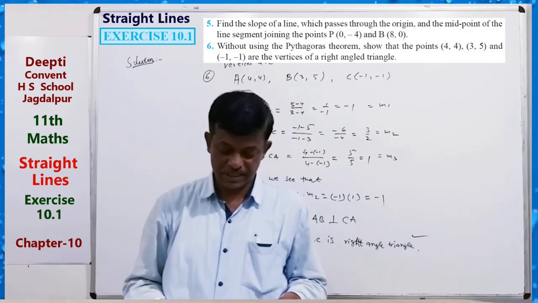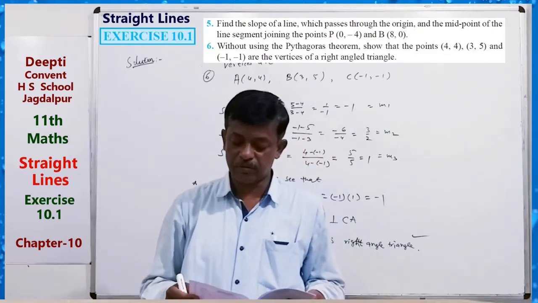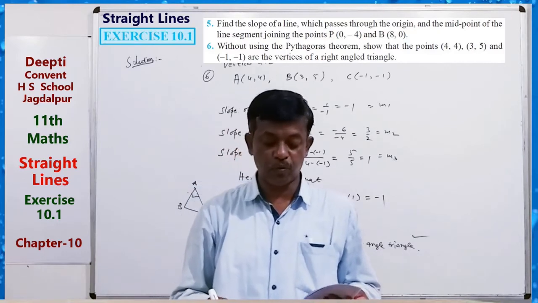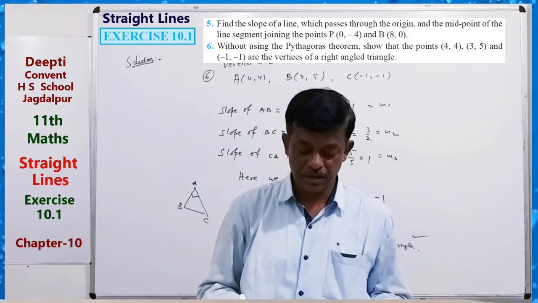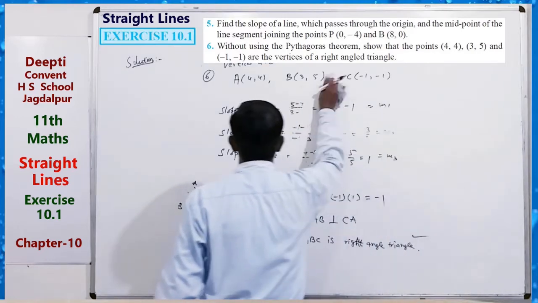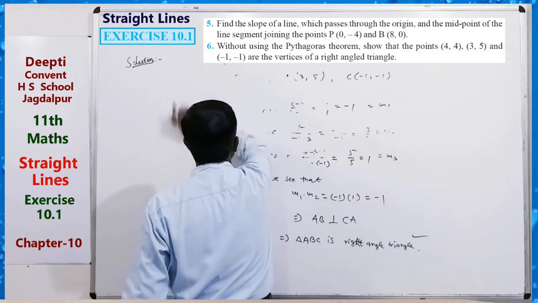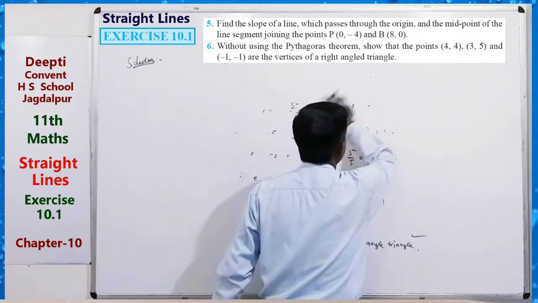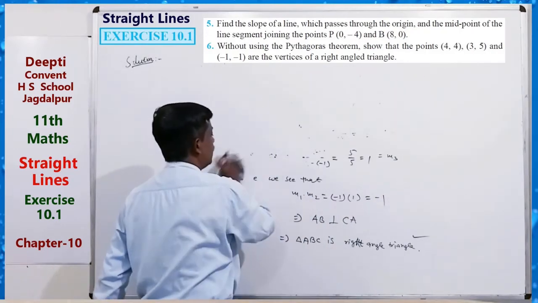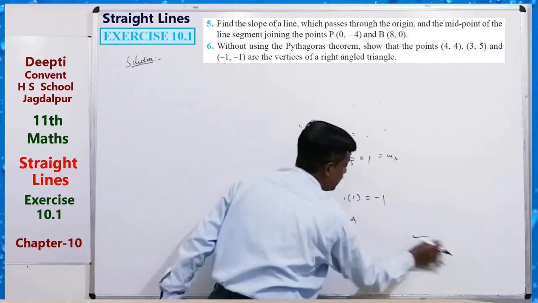Now, question 7. Find the slope of a line which makes an angle of 30 degrees with the positive direction of y-axis measured anticlockwise. We know the slope of a line is defined by the tangent of the angle the line makes with the positive direction of x-axis.